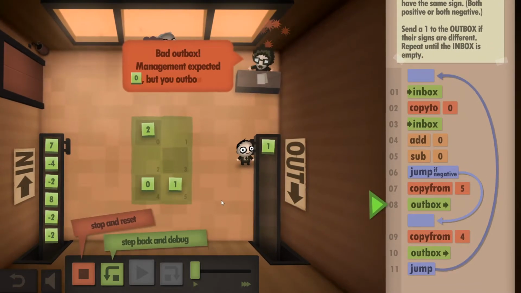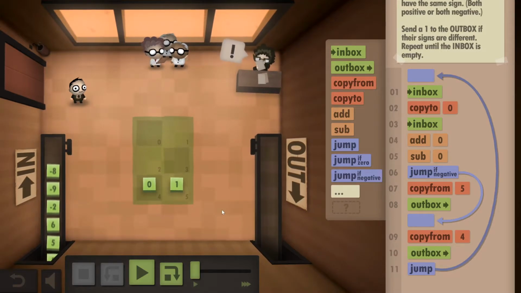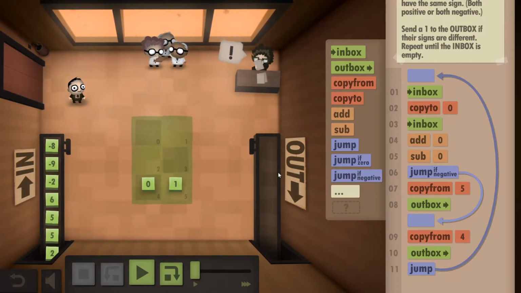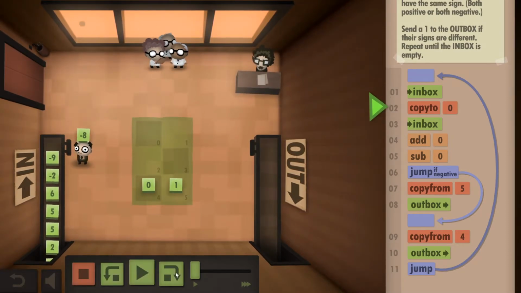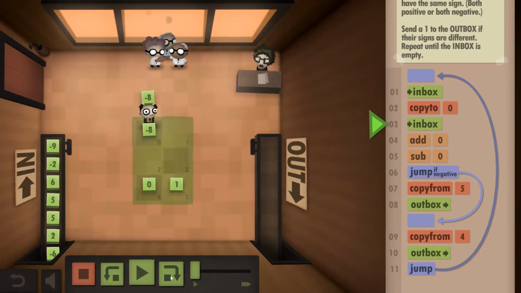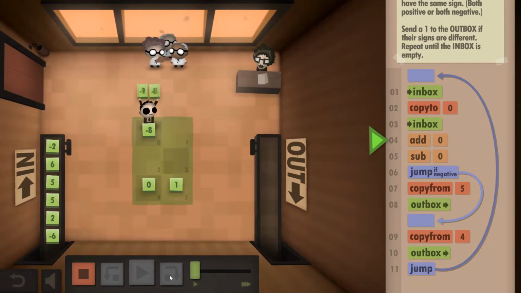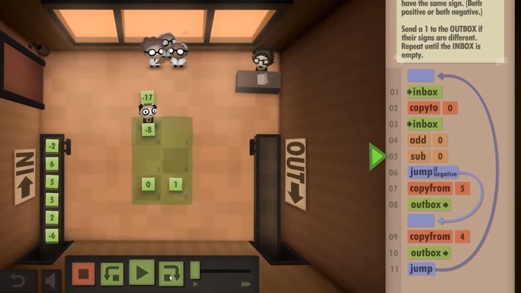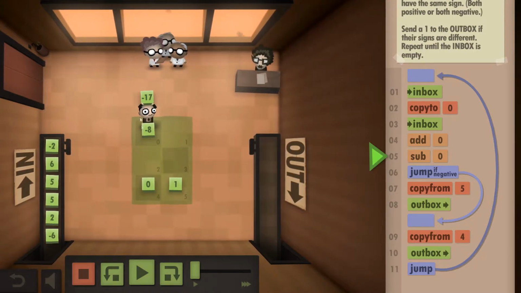Okay, so we got the order wrong. See what happened there was, when we did the addition here and then the subtraction there, we want to subtract in the other direction.